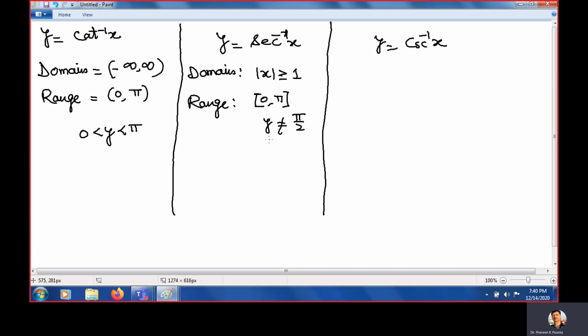This is to remember, because sec pi by 2 is not possible, because cos pi by 2 is 0. So sec pi by 2 is not possible, because 1 upon 0 is not a number. Clear? And the domain here is the same, mod of x greater than or equal to 1, and the range here should be minus pi by 2 to pi by 2.